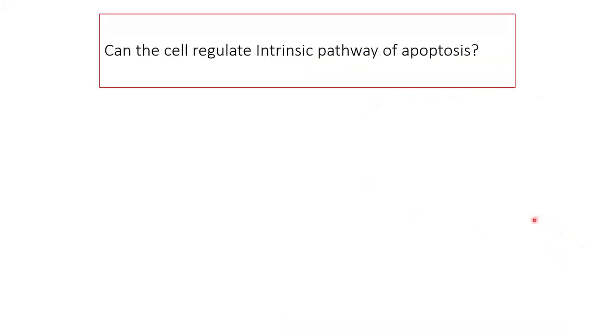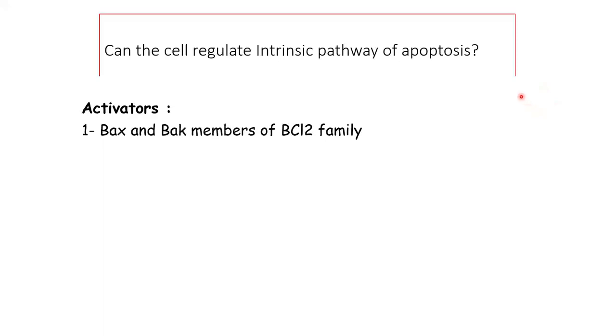Can the cell regulate the intrinsic pathway of apoptosis? Of course. We have pro-apoptotic and anti-apoptotic proteins. And so when we have pro and anti, we can always control. To go into apoptosis, we have activators. The activators are BAX and BAK, members of the BCL2 family, which represent the channels present on the mitochondrial membrane.